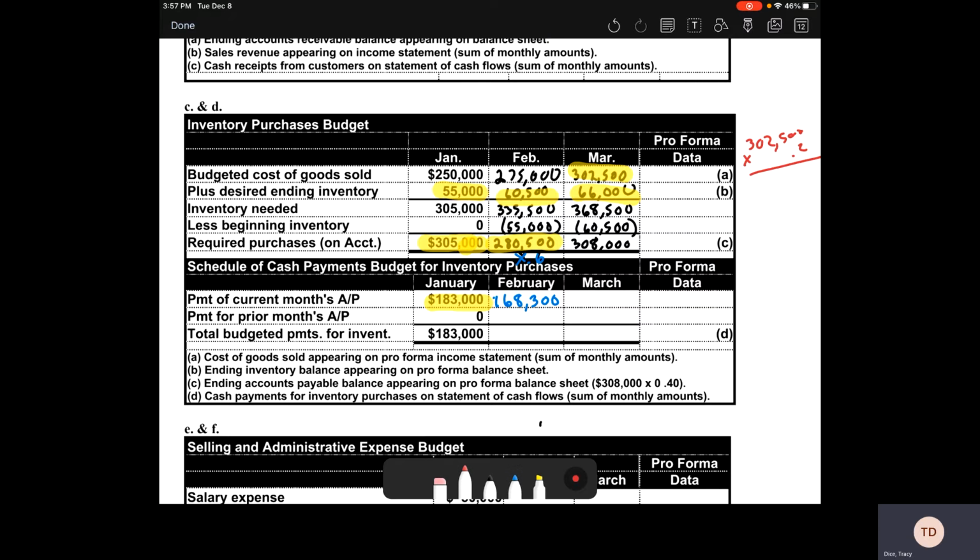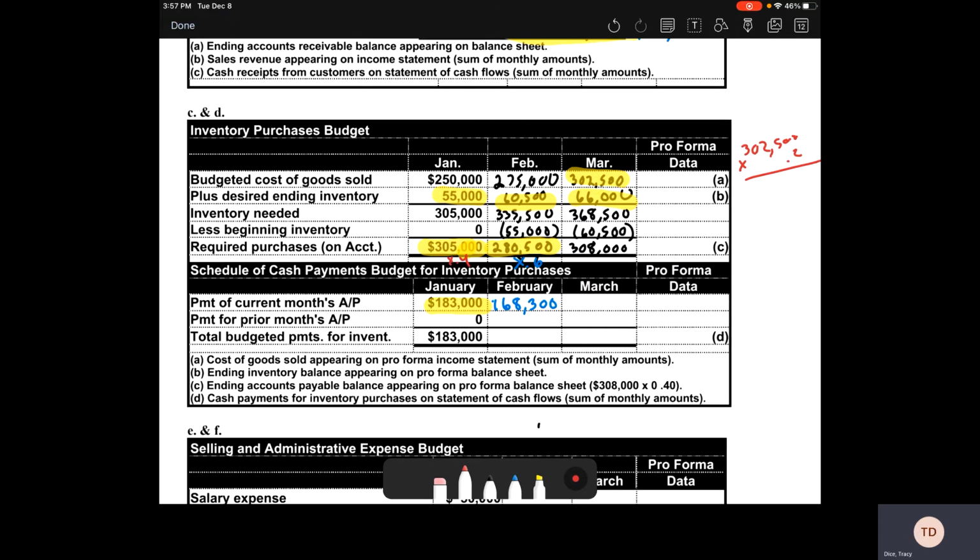So we're going to take January's budget times 0.4. That gives us 122,000. So our total payments for the month of February is going to be 290,300.